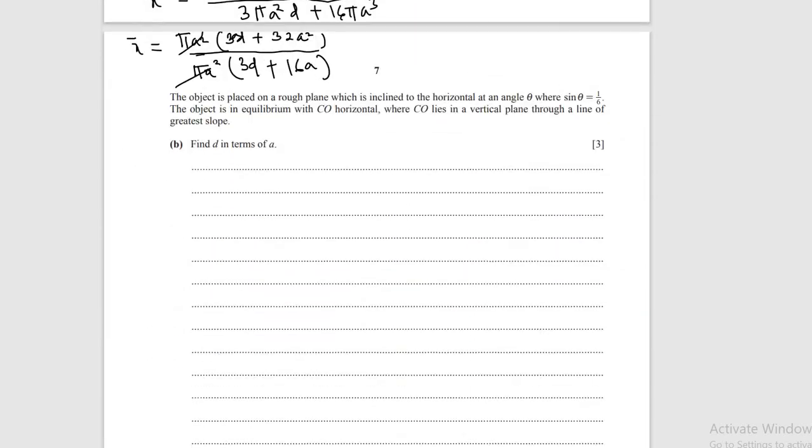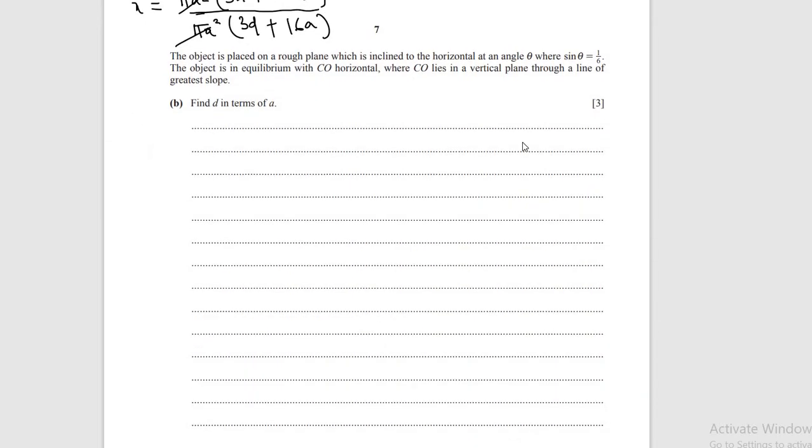That's the first question. The next one: the object is placed on a rough surface inclined to the horizontal at an angle where sine theta equals 1/6.